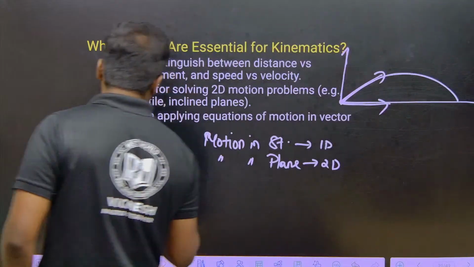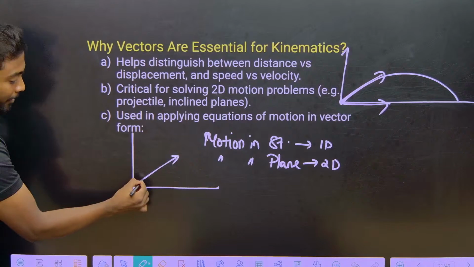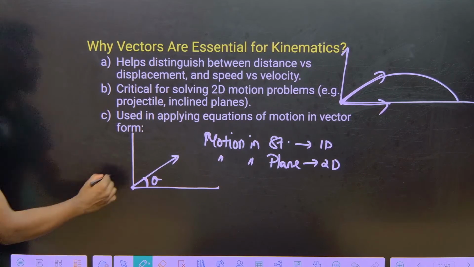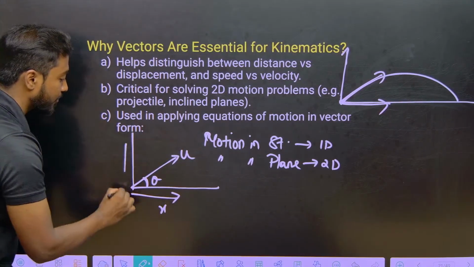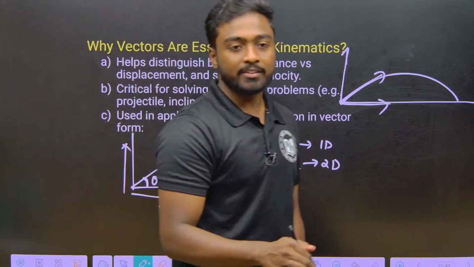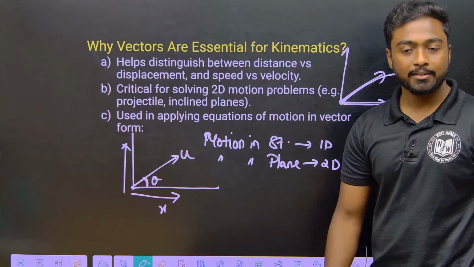For example, if I consider this is my vector A, the angle made with respect to horizontal, this is u. So what I should do is, this is the x axis and this is the y axis. The angle which is closer to the axis is taken as cos theta, the angle away from the axis is taken as sin theta.